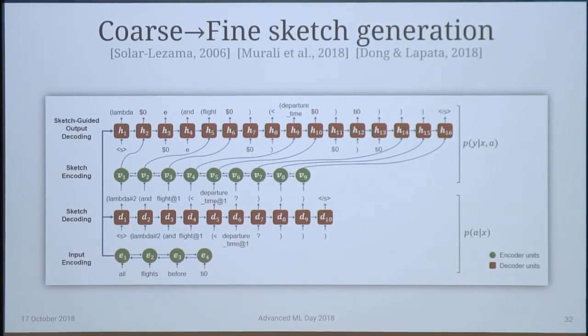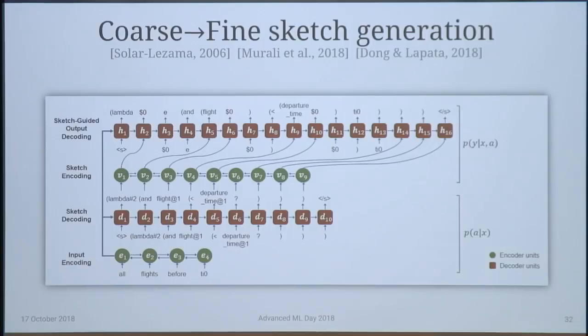So split your program generation in two phases. The first LSTM will output this sketch, and the second LSTM will condition on the sketch and spit out specific ways to fill in that sketch. There are several different ways to implement that. The simplest one that I've shown is just to have two LSTMs. One will output tokens of the sketch.